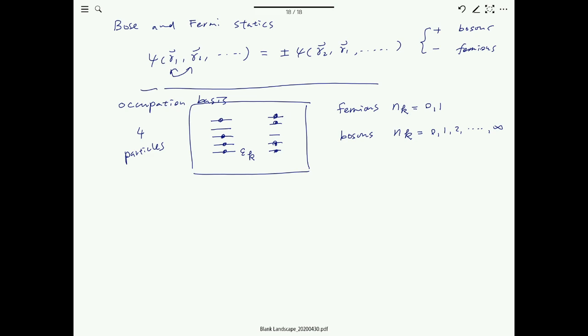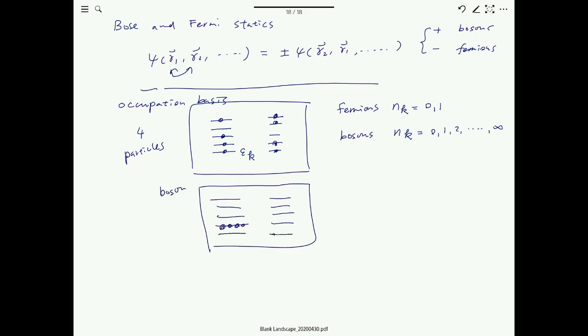Okay, so that means for bosons, for a 4 particle state, I can put all my particles into a single energy eigenstate.